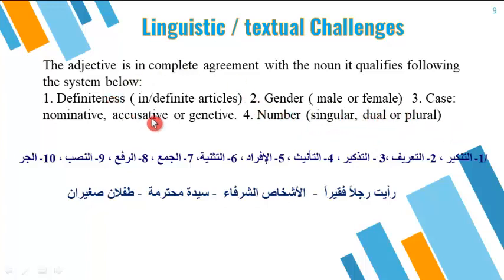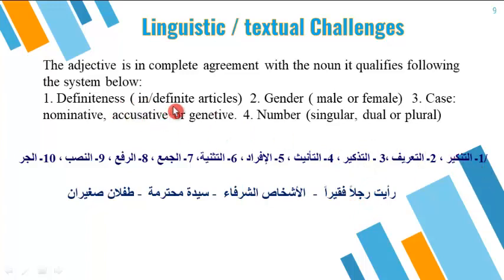So in all these aspects, agreement applies when we have an adjective following a noun. In English, there is no agreement between the adjective and the noun that it modifies.